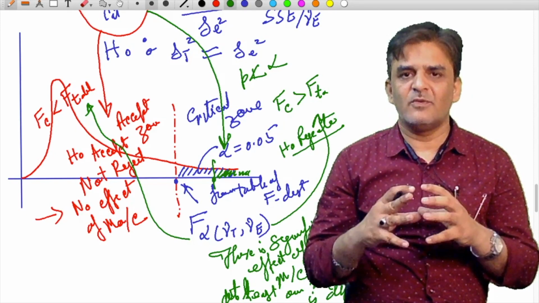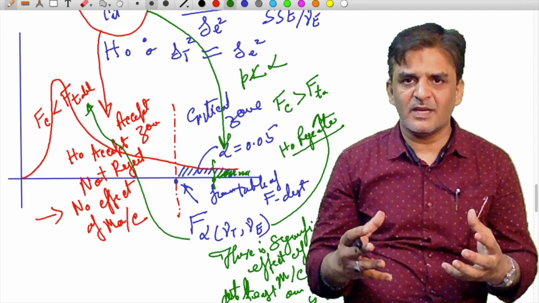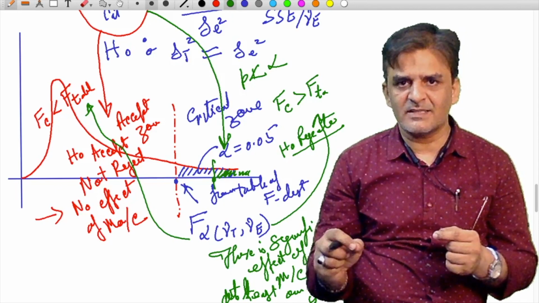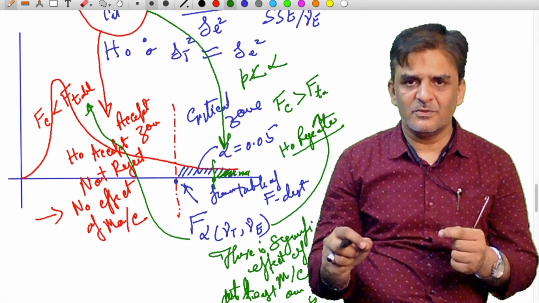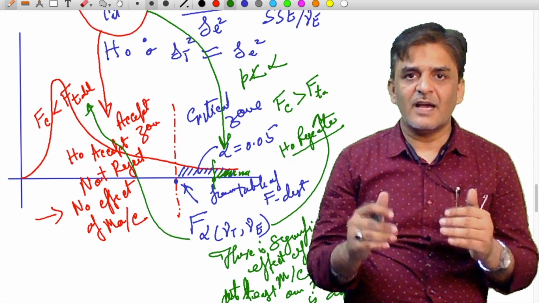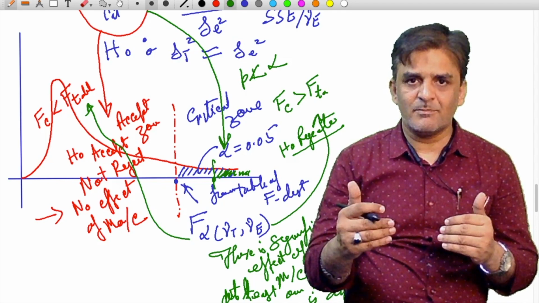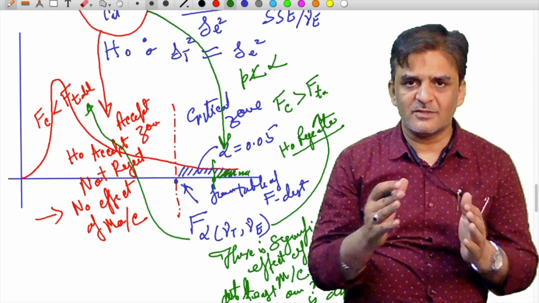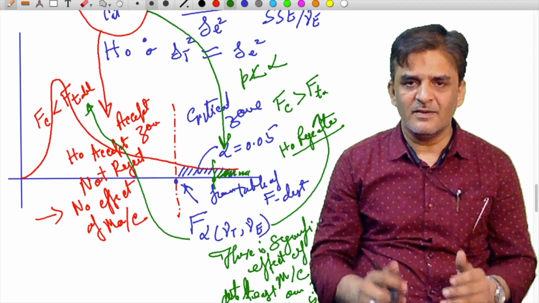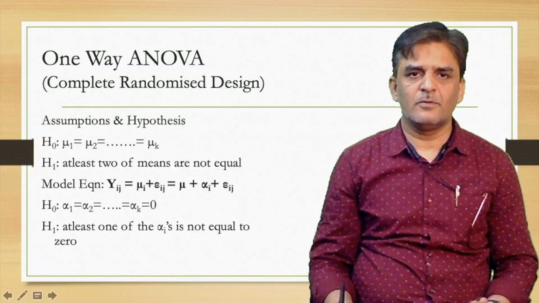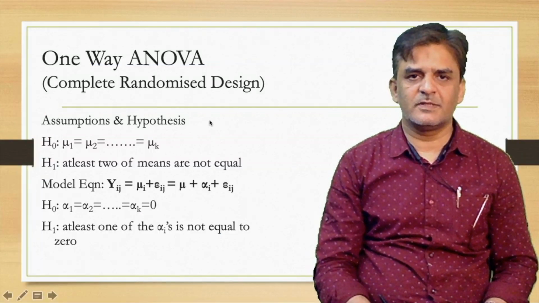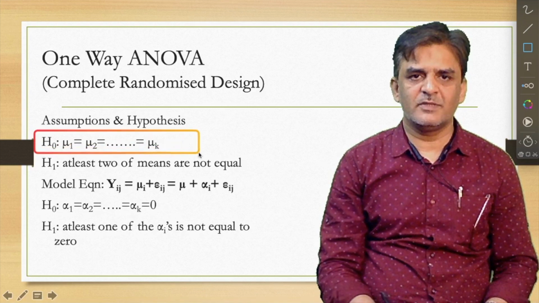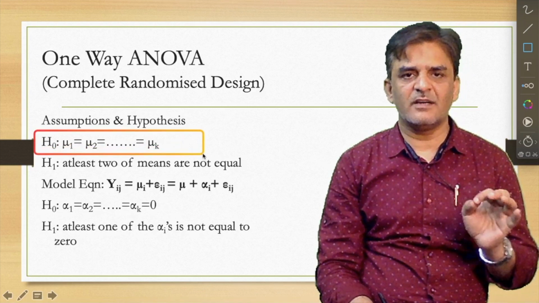Now, understanding the ANOVA analysis will be simple for you by taking the same example as I gave you in the beginning, and I will explain step by step what to do when we are performing ANOVA analysis. So take the example of one-way ANOVA and we'll move further. Now this is what the hypothesis is, where we assume the null hypothesis that all means are the same.